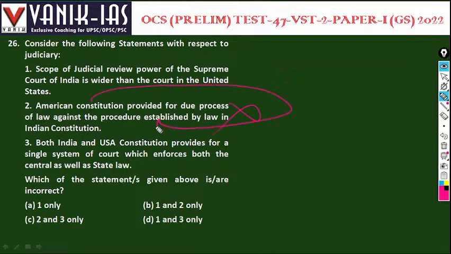The American Constitution gives due process, while India has procedure established by law. Which of the following statements are incorrect? The Supreme Court of the USA has the highest power. So the first statement is wrong.